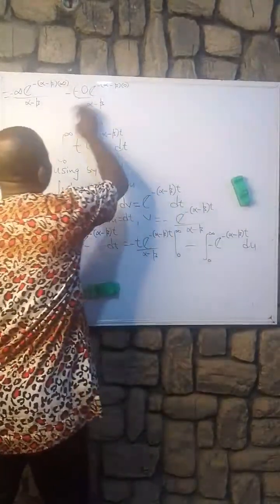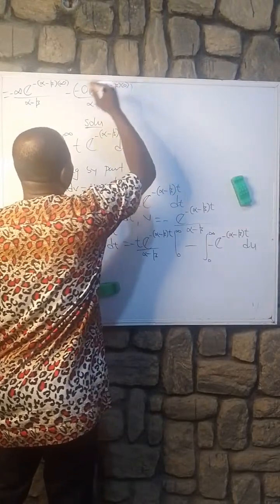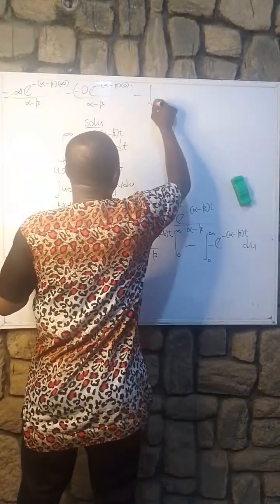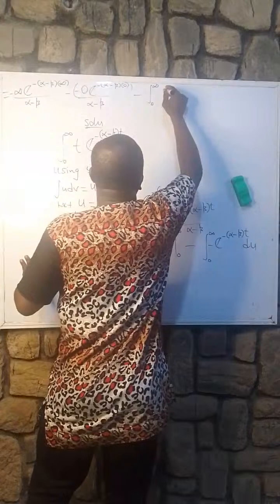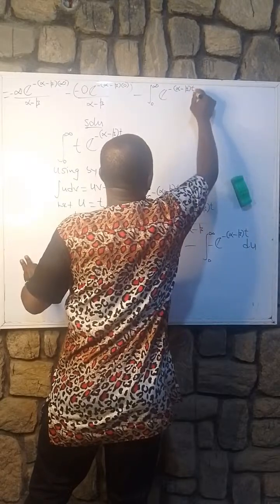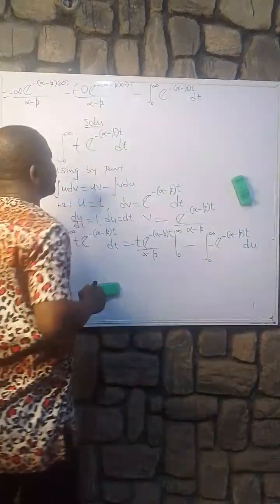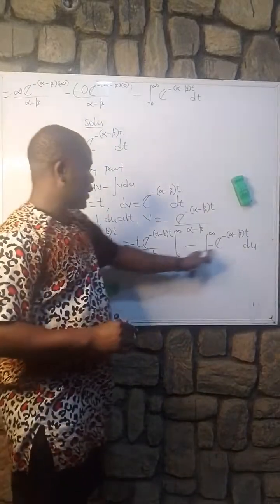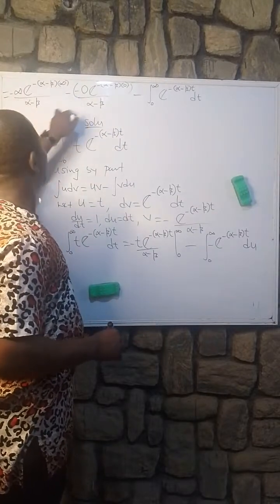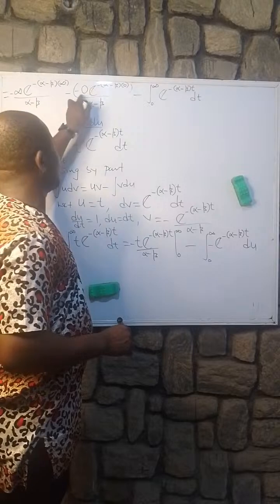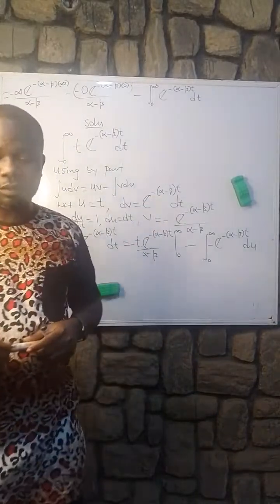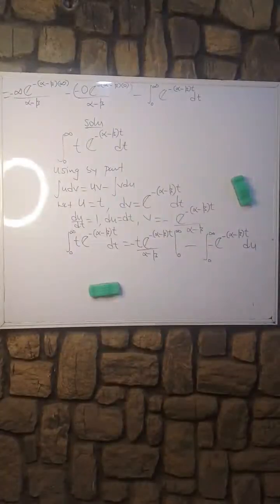You put the bracket. Then you have minus integral 0 to infinity exponential minus open bracket alpha minus beta t dt. You can now see that all of this is 0 because of the infinity. Then here too, because of this 0, all of this will be 0. So can you see what I was trying to explain now? Are you following? Do you understand?